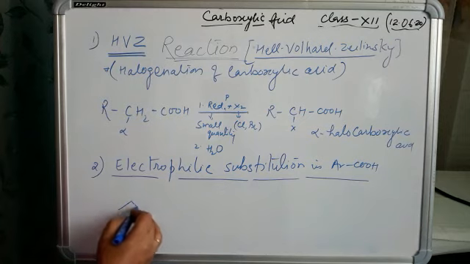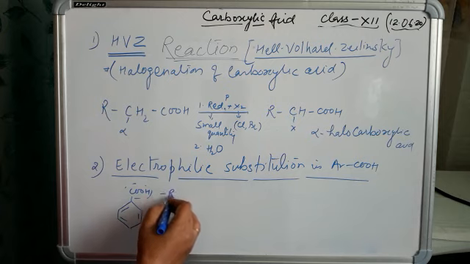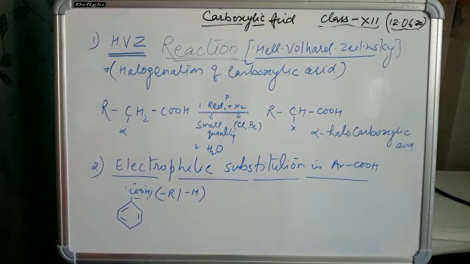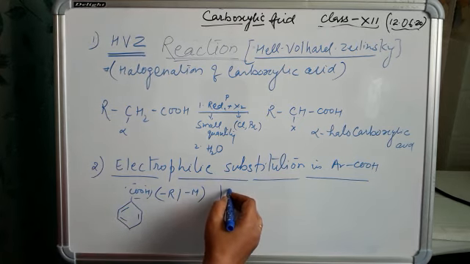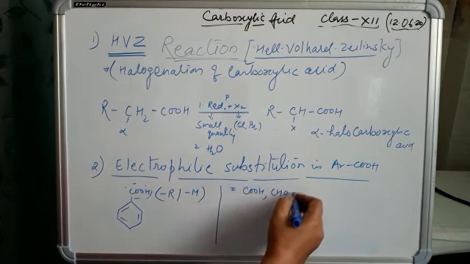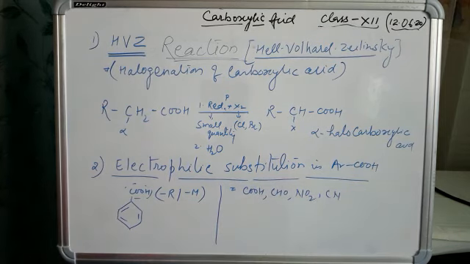As we know, the COOH group is present on the ring, and the nature of this group is minus R or minus M. The minus R or minus M group is known as a deactivating group. In fact, COOH, aldehyde, nitro, cyanide, all these groups are of minus M or minus R nature.